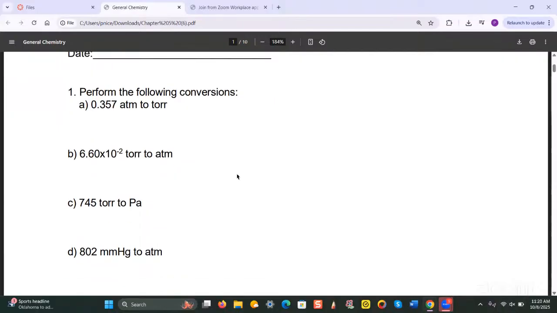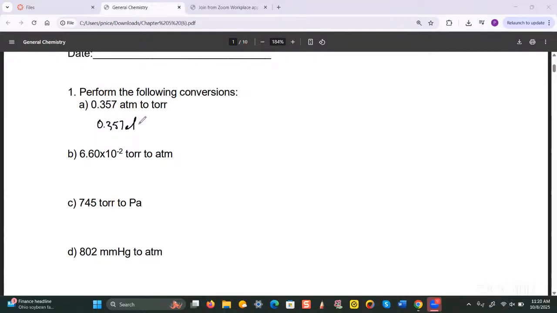So for the first one, you're going from atmospheres to torr. To do that, we're going to start with the given value in atmospheres, which is 0.357 atmospheres. The relationship between the atmosphere unit and the torr unit is 1 atmosphere is equal to 760 torr. That's the definition of the atmosphere unit in relation to the torr unit.